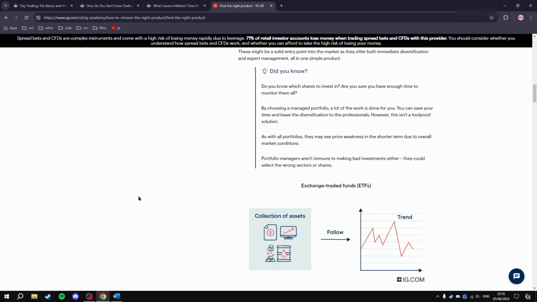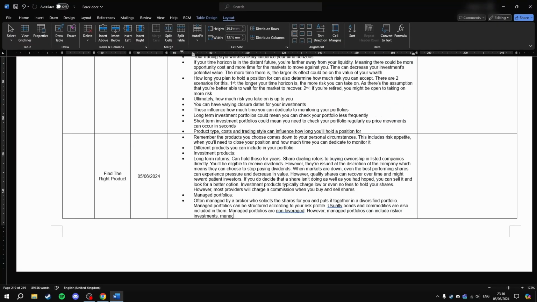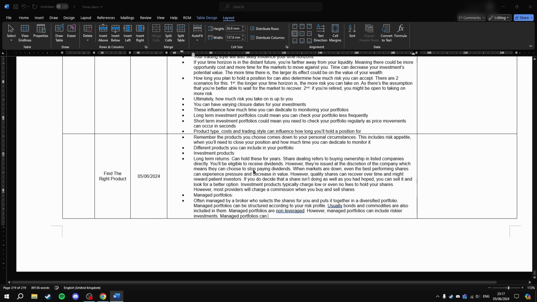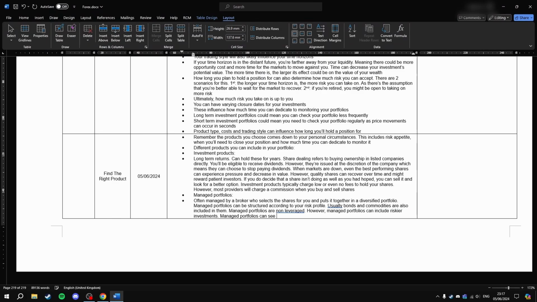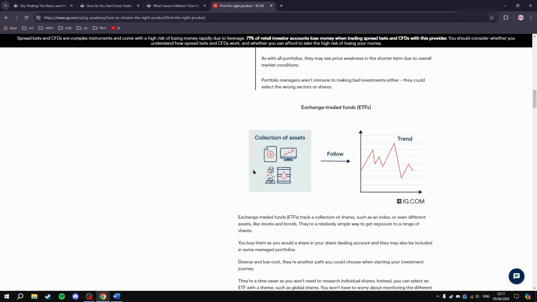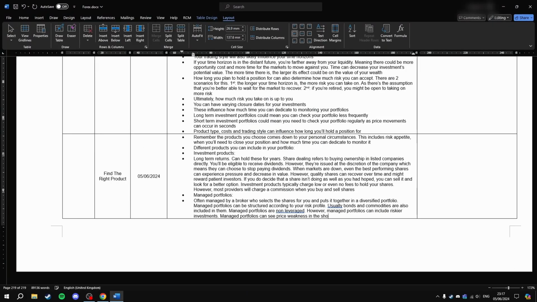However, this isn't always a foolproof solution. As with all portfolios, they might see price weakness in the shorter term due to overall market conditions. Portfolio managers aren't immune to making bad investments either. They could select the wrong sectors or shares. Right, okay, so managed portfolios can see price weakness in the shorter term due to overall market conditions.